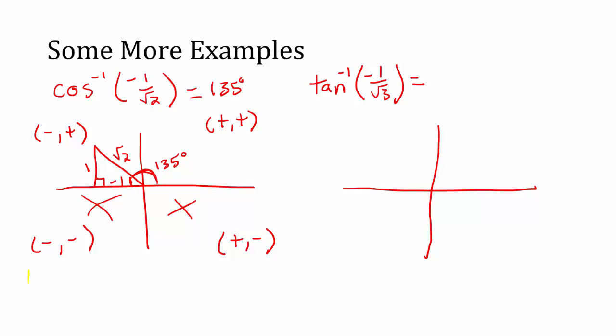Okay, so tangent, I need opposite over adjacent, y over x, to be negative, so I'm not going to be in the first quadrant. I think I'm going to be down here in quadrant 4, where my x value is positive, but the y value is negative. That would make y over x, or opposite over adjacent, negative.